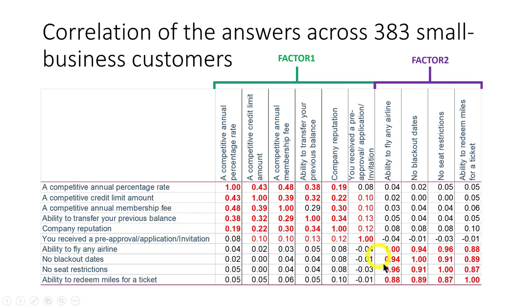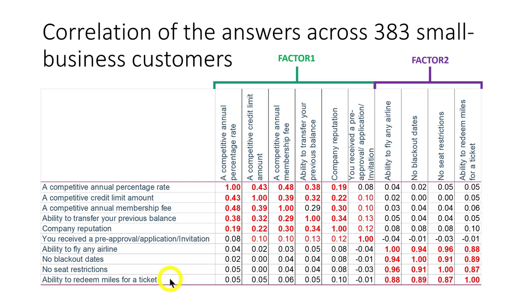In another block, highly correlated among themselves, we have ability to fly any airline, no blackout dates, no seat restrictions, ability to redeem miles for a ticket. You can see that we have two blocks of variables that are highly correlated with each other.